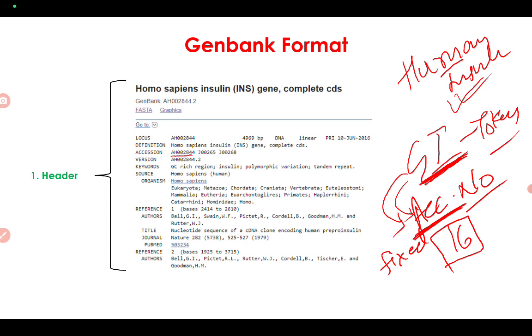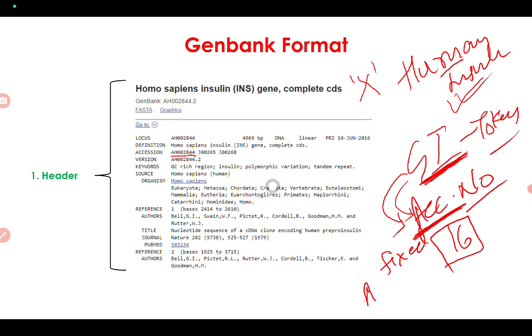This accession number is nothing but an alphanumeric number, where one alphabet represents the genus, the other represents the species. So this kind of thing is there. Along with that, if certain modification happens, for example, some person X comes and says that all sequences are correct, but there is other information hidden behind that particular sequence, and he or she modifies that sequence, then a version number is allocated to that.